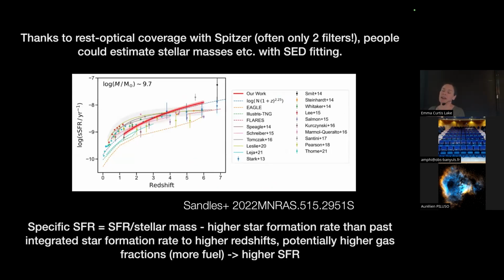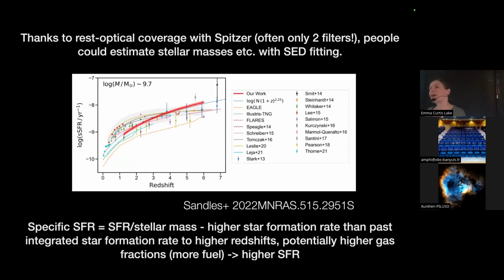And if you get a stellar mass and you've got some UV, you can infer a star formation rate. So people looked at how specific star formation rate, which is star formation rate per stellar mass, might evolve with time. It's quite cool that it was shown to be increasing. In fact, early results were showing it was very flat, and that's because we weren't accounting for emission lines.